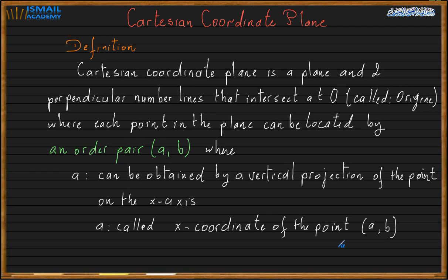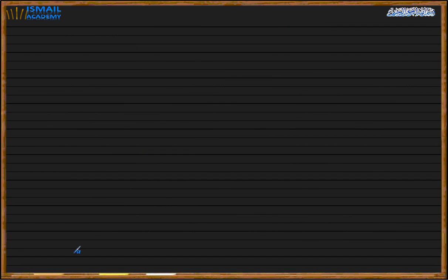And B is obtained by horizontal projection of the point on the y-axis.